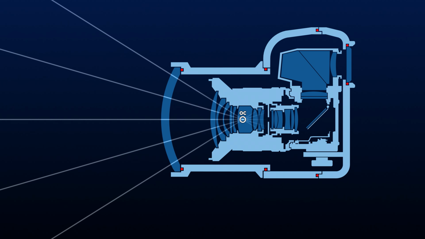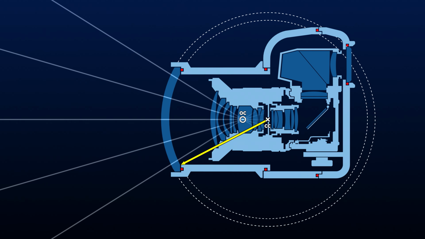As you can see, this optical center is somewhere in front of the aperture. The second concept is the center of curvature of the dome port. This one is easy. This is where all the normals to the surface of the dome port meet. Or you could also say, it is the center of the sphere that the dome port is a segment of.